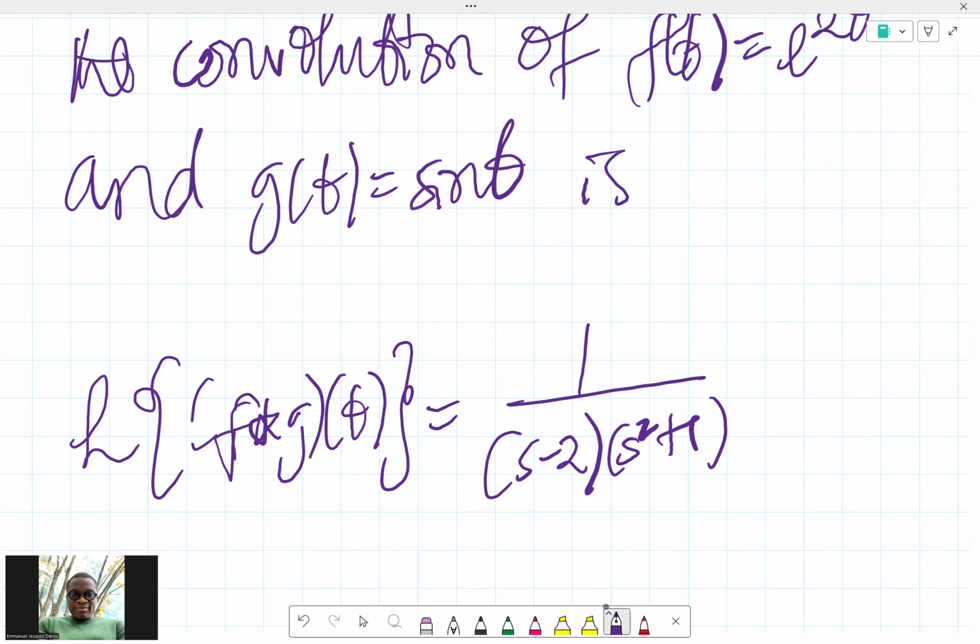This shows how the convolution theorem simplifies the calculation of Laplace transforms for complex integrals, turning a potentially difficult problem into one of simply multiplying two transforms.